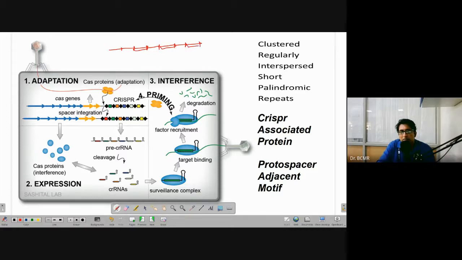At that time, they didn't know what it is. They first identified repeats like these, and a definite amount of space between them in terms of bases. And why do they have it, and what is their significance? They didn't know.